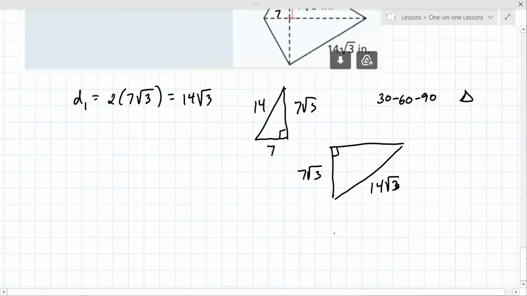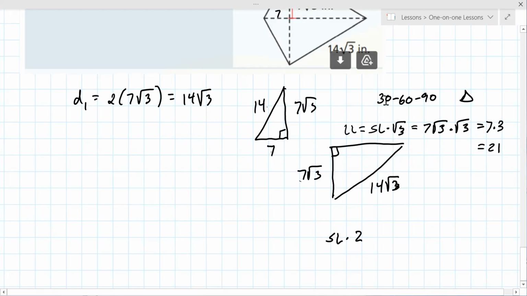The short leg times 2 gives you the hypotenuse. 7 times 2 gives you 14 square root of 3. So this is now your short leg. So your long leg up here is the short leg times the square root of 3. So it's 7 square root 3 times square root 3, which is 7 times 3, which is 21.